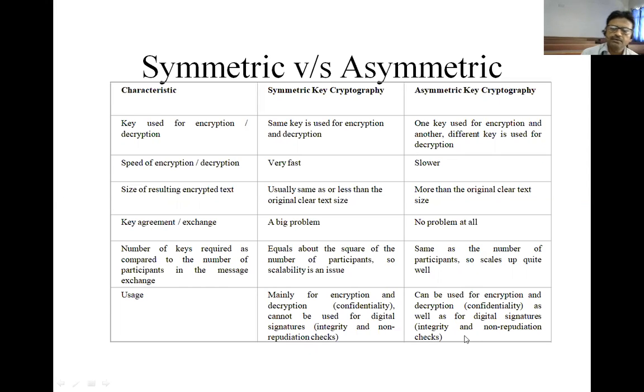If you remember the principles of security: confidentiality, availability, authentication, integrity, access control, as well as non-repudiation. It is not necessary that symmetric key is going to follow all the principles of security. Similarly for asymmetric cryptography. But if we need only confidentiality, then we will use symmetric cryptography. But if we need integrity as well as non-repudiation, then we can use asymmetric cryptography. So depending upon the application, we use symmetric cryptography as well as asymmetric cryptography.